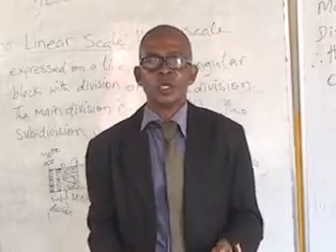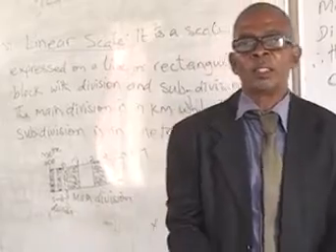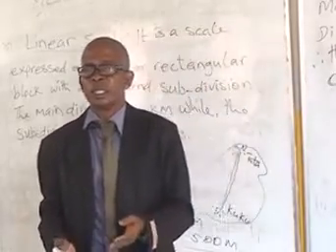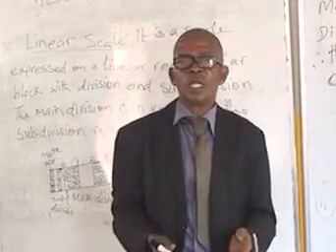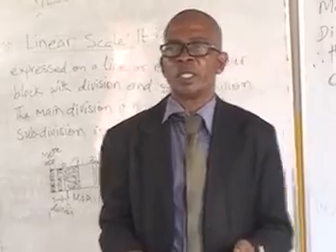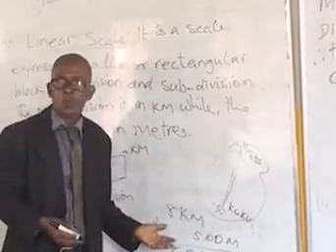The major division is to know the distance in kilometer, and the subdivision is to know the distance in meter of the remaining fraction that will not make up a kilometer. And that we demonstrated some minutes ago.